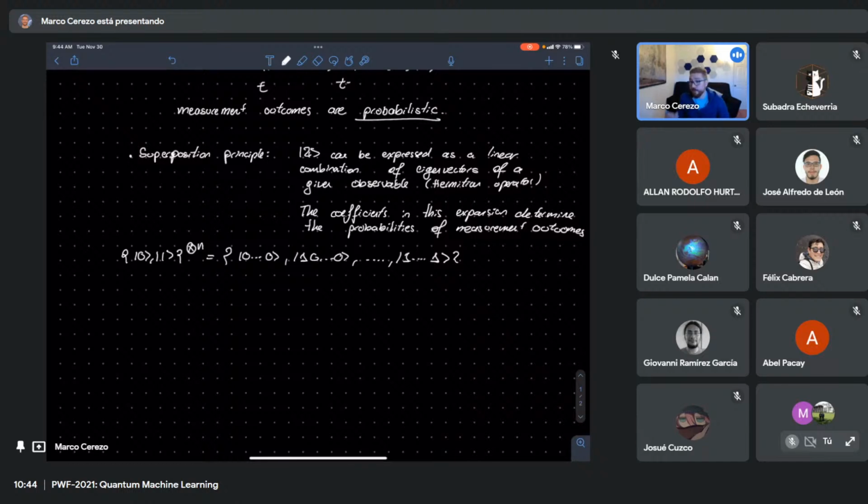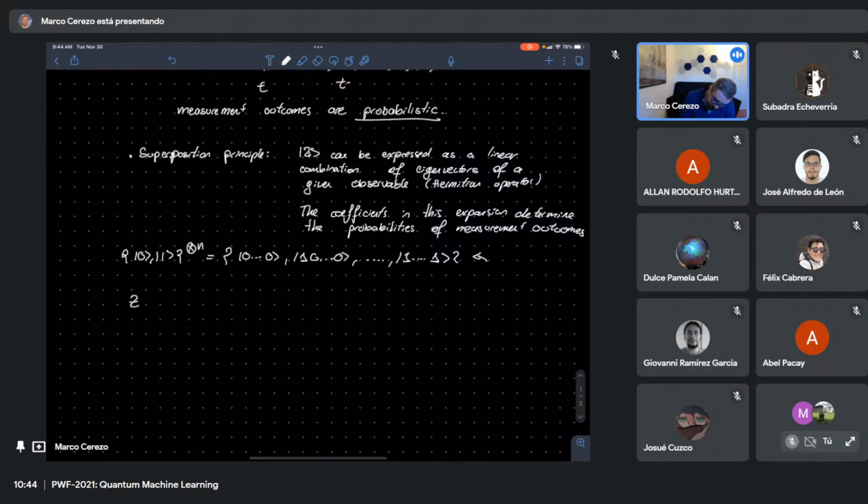But this is, of course, not the only basis in which we can describe a quantum state. Again, as we said here, the state can be expressed as a linear combination of eigenvectors of a given observable. These here are the eigenvectors of the Z observable, that means the Z operator, right?